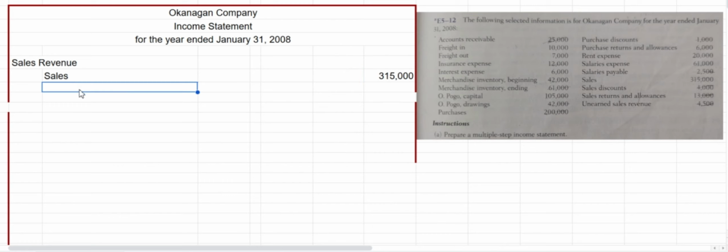Next, we got to subtract sales returns and allowances as well as sales discounts. So I'm just going to write less sales returns and allowances.